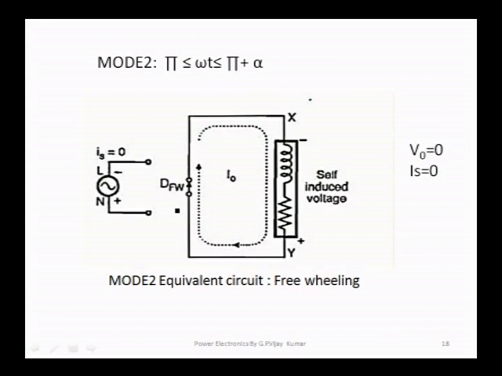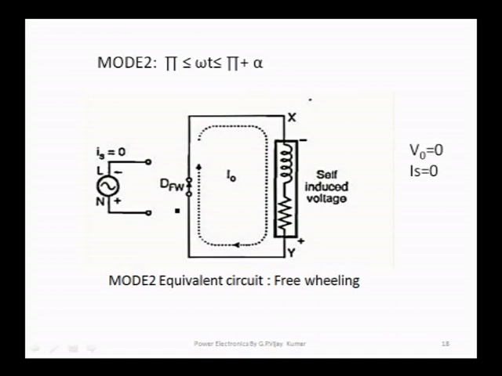Now the freewheeling diode gets forward biased. The source is disconnected from the load, Is is equal to 0. The diode is freewheeling, the current through the load is continued, and that is called the freewheeling operation. That is the use of the freewheeling diode.